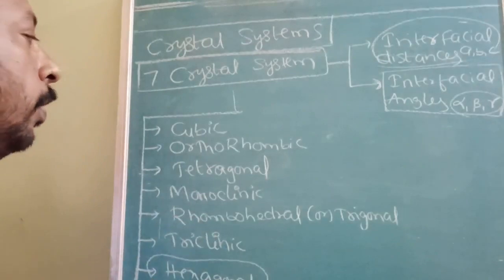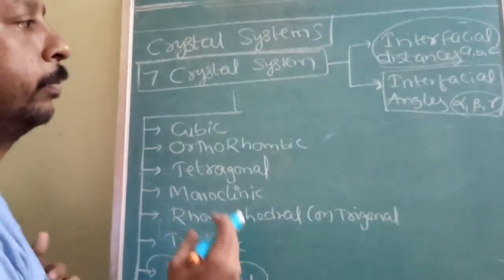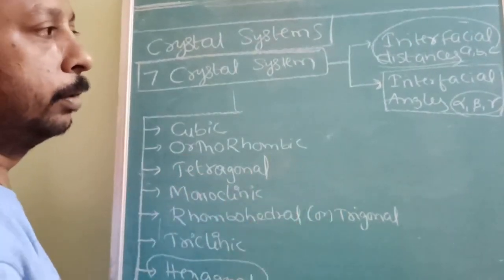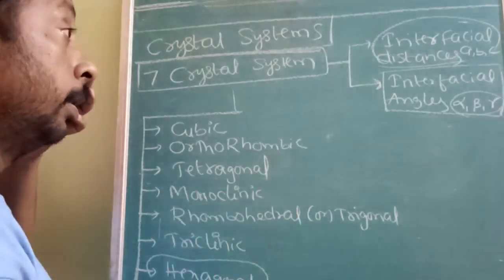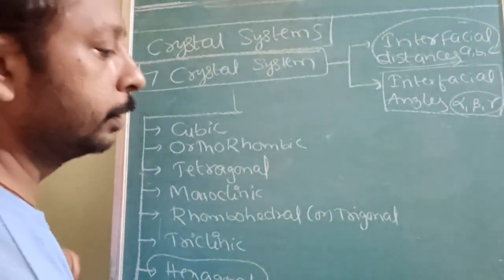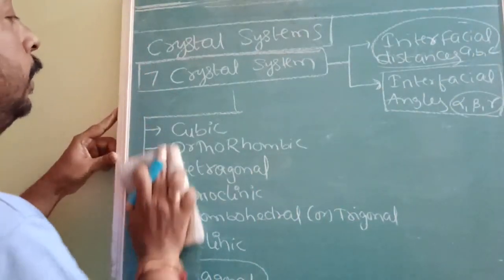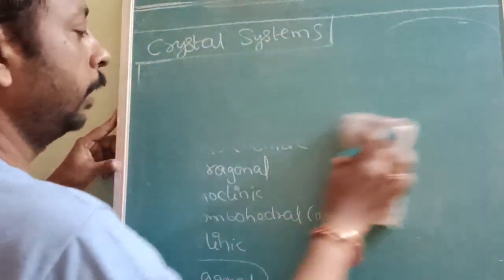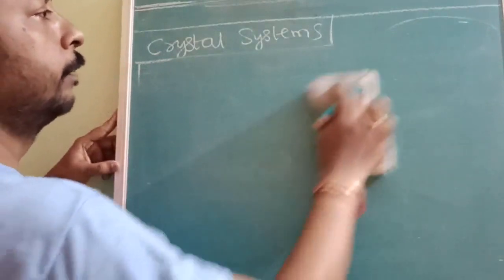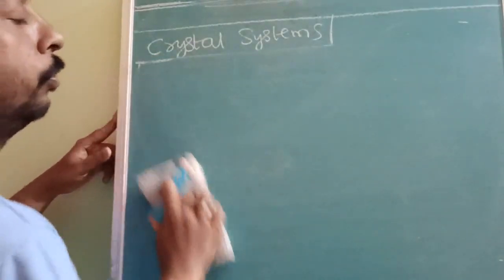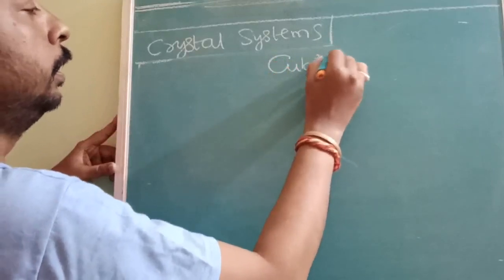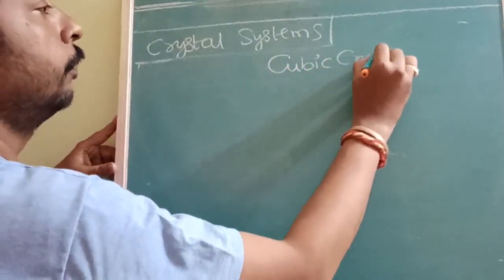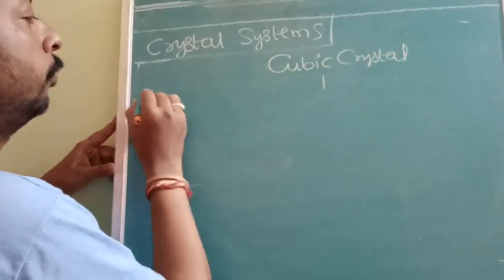What will be the difference between them, and the number of examples, we are going to discuss. So these are the 7 crystal systems. But in the cube itself, each cubic crystal is further divided into 4 types.